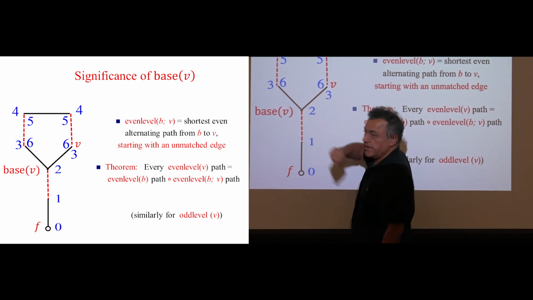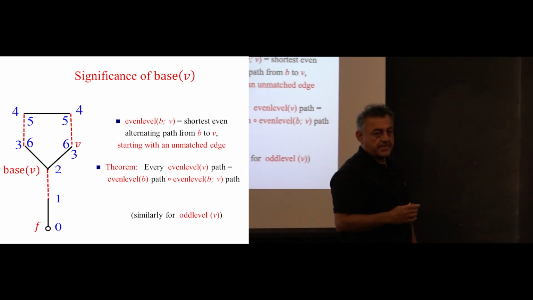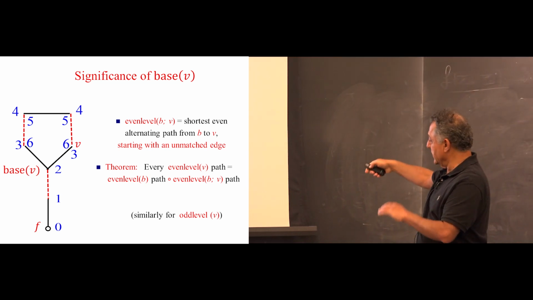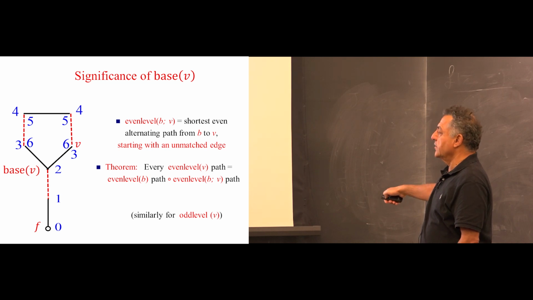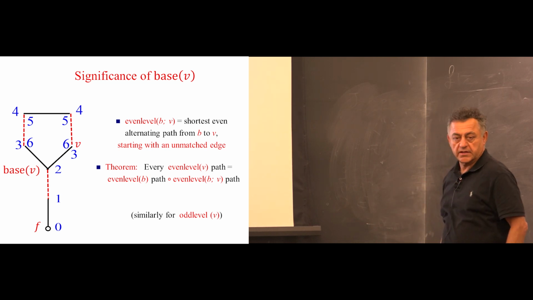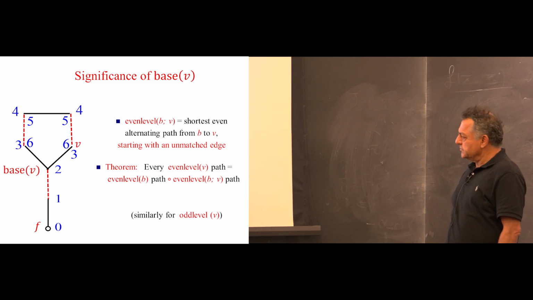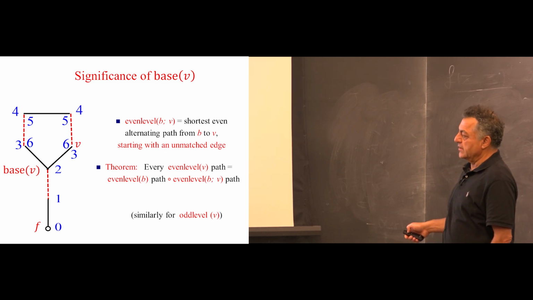It meets this path only at this one vertex. So you take any one of those and any one of those and concatenate them, and you get an even level V path. Similarly, you get an odd level V path by taking the other thing. Is that reasonable? So in some sense, we can do divide and conquer here.